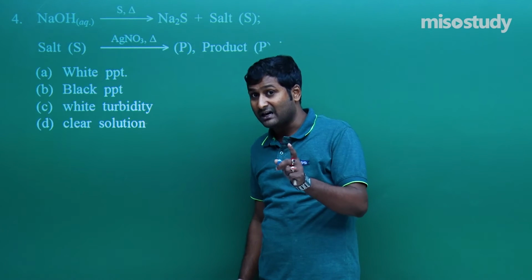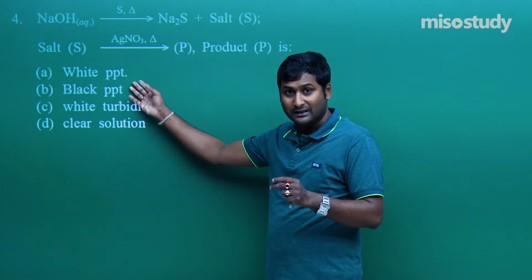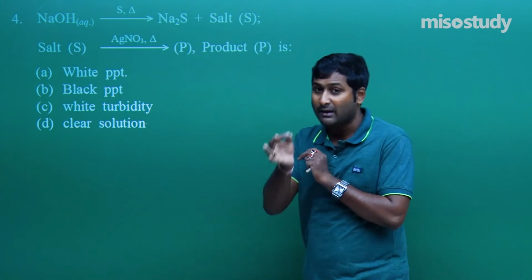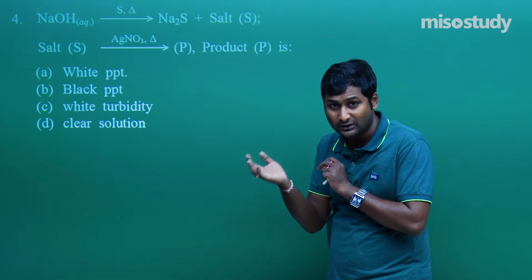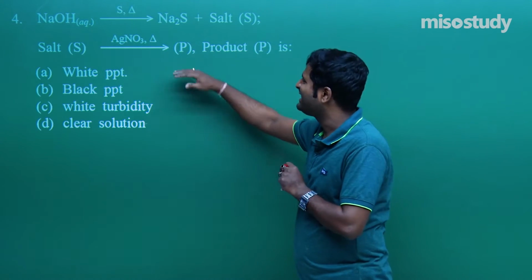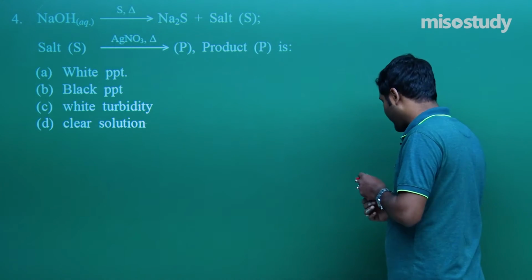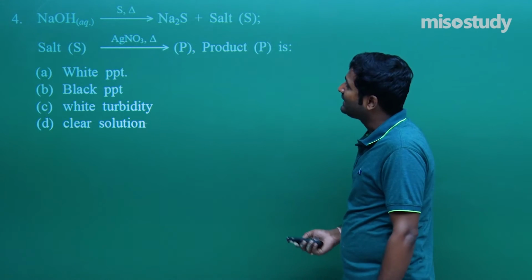So be careful. If you have any doubt why not A, I'm not talking about Ag2S2O3. I'm talking about the final product. The final product is Ag2S, not Ag2S2O3. Now friend, let's move to the next question.